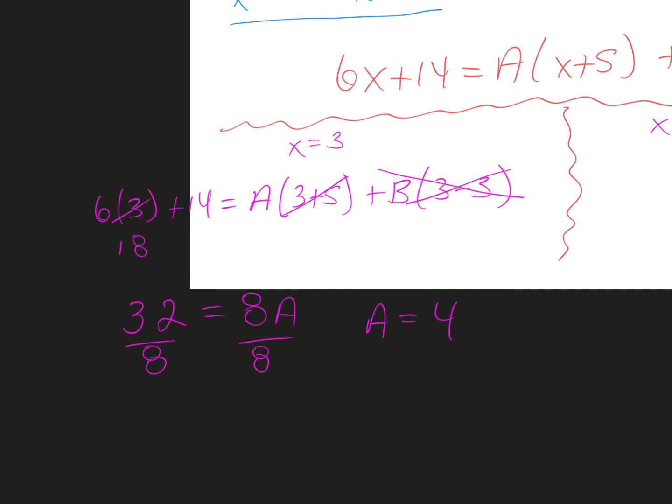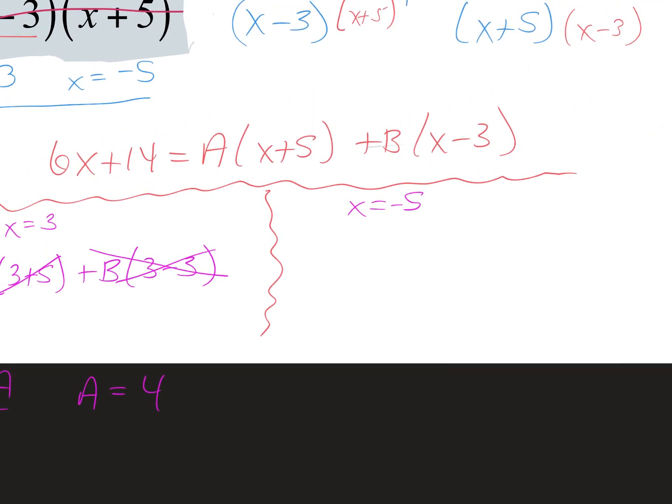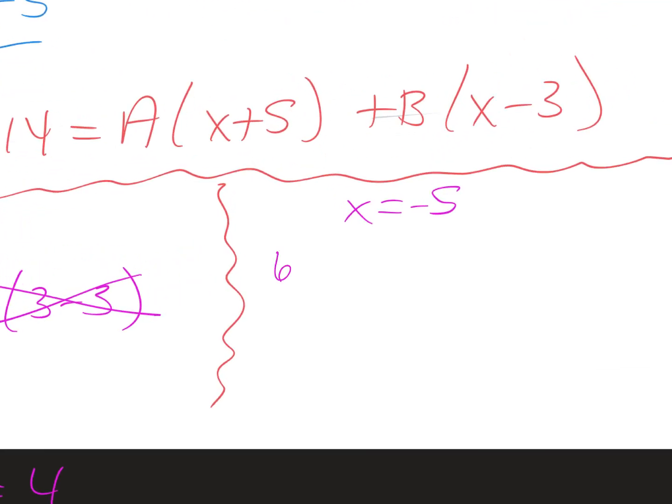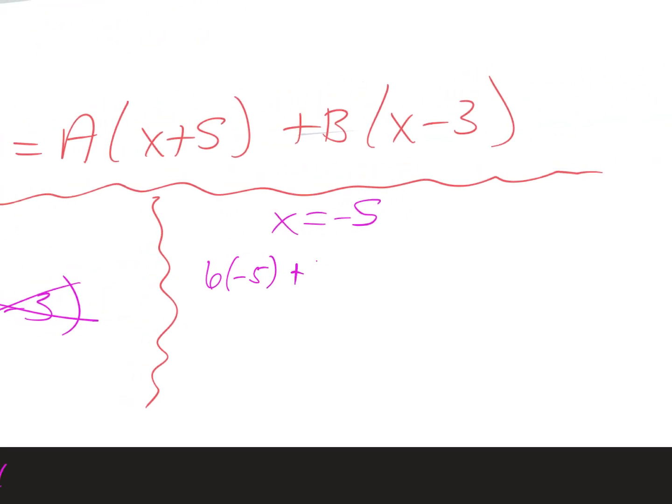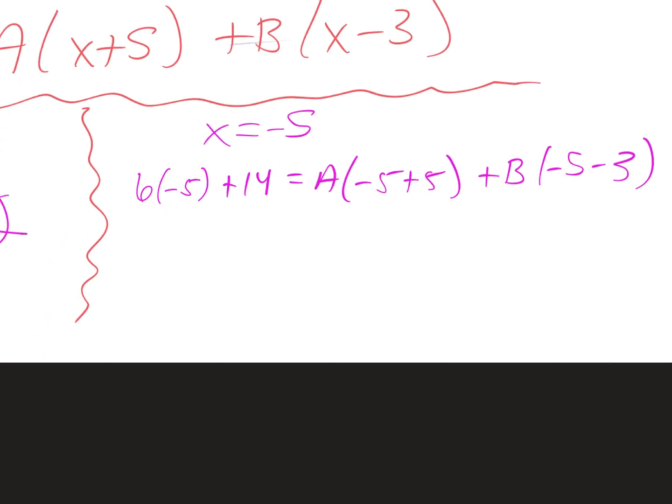Now we're going to do the exact same thing on the right-hand side, but we're going to evaluate using what number? Negative 5. So 6 times negative 5 plus 14 equals a times negative 5 plus 5 plus b times negative 5 minus 3. So let's simplify. What's 6 times negative 5?